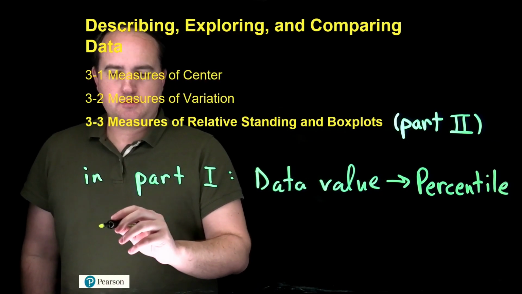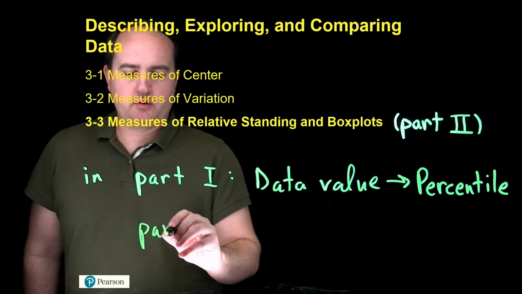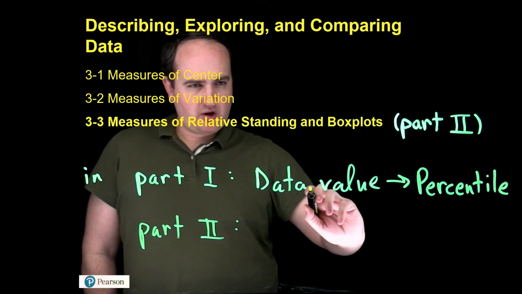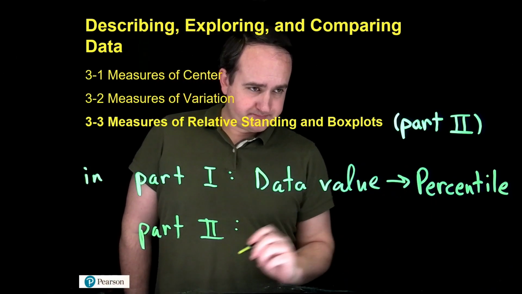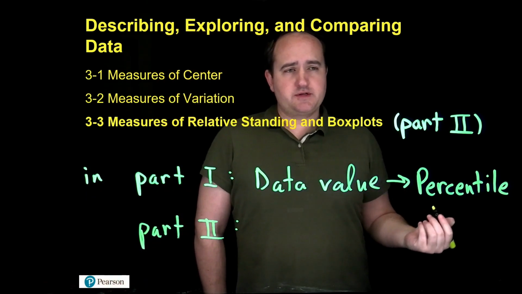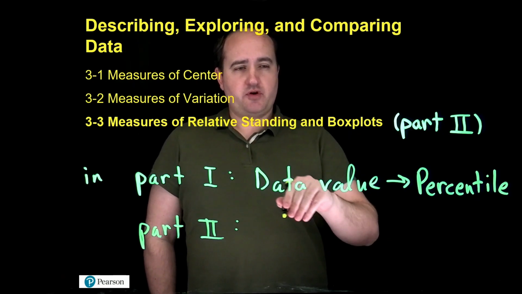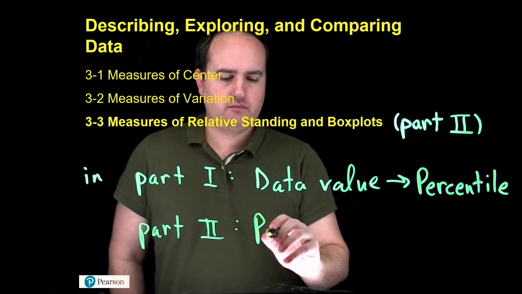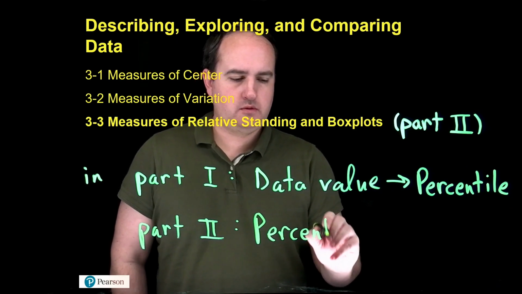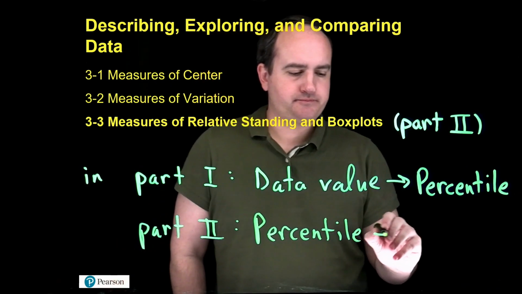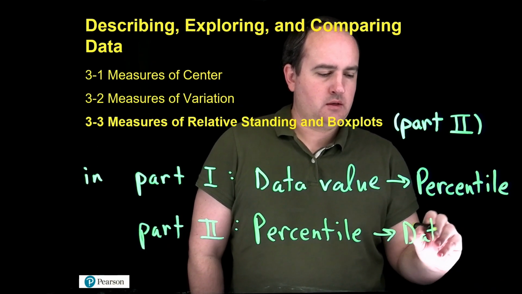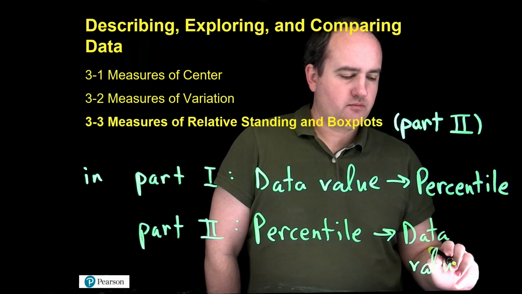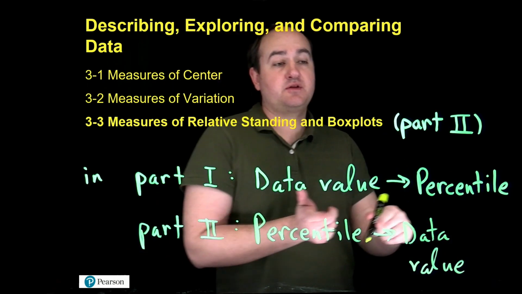Now that we're in part 2, we're going to learn how to do this process in reverse. We're going to learn how to convert a percentile to a data value. This is a little bit more challenging.